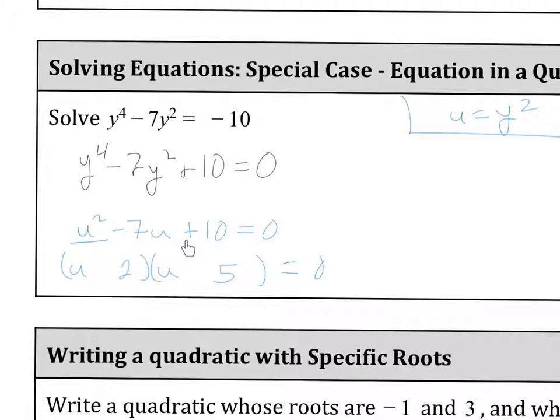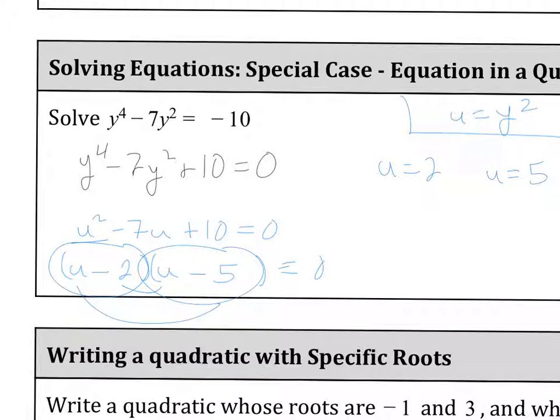They have to have the same sign, but they have to add to make it negative. So if these are both negative, quick mental check, I'd have a negative 2u and a negative 5u. Those would combine to make negative 7u, so that's cool. And then if I set each of these equal to 0 and solve it, it's not too much work to see that u equals 2 and that u equals 5.